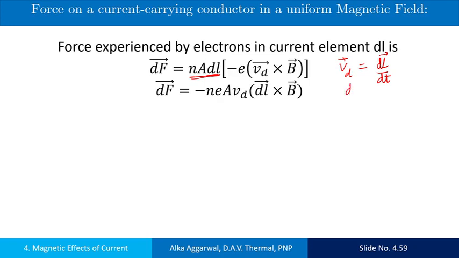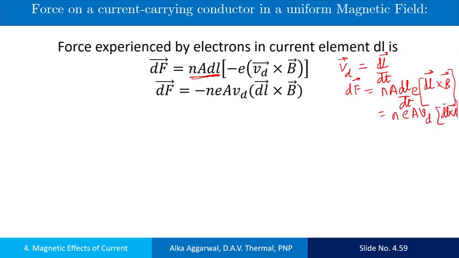So the expression dF is equal to nA dl upon dt into e into dl cross B. This dl by dt is Vd, the drift velocity, dl cross B. So see, you can write it directly in this way.